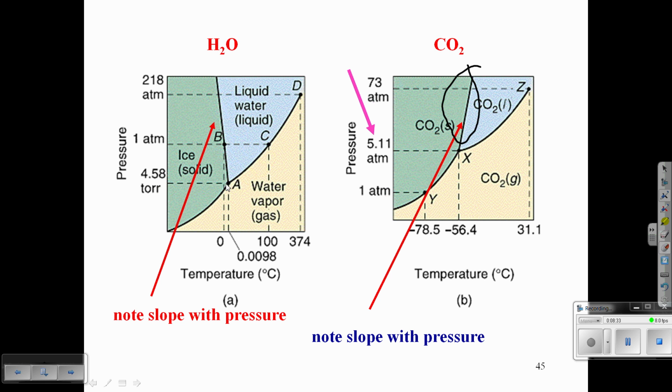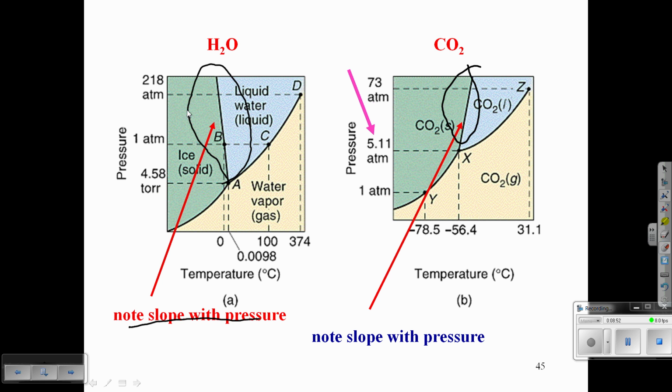The way we actually tell that is by looking at the slope of this line. If you can draw it, circle it, or whatever, right here, that has a negative slope. So the slope right there with the pressure, notice it has a negative slope to it, so therefore it makes the substance less dense as a solid than a liquid.